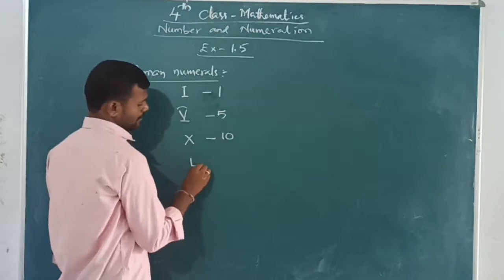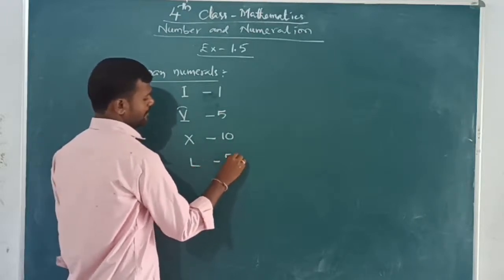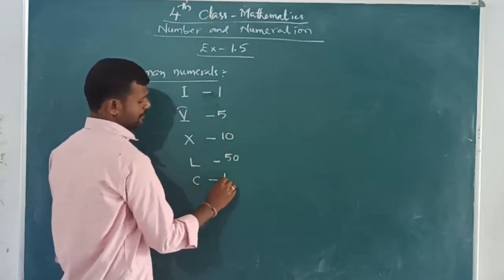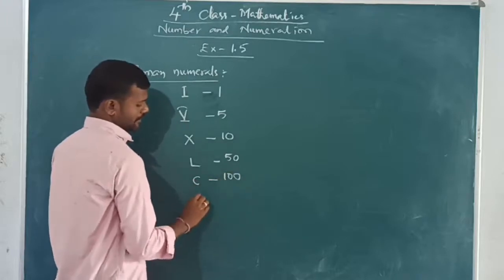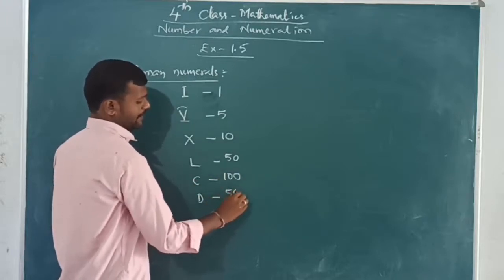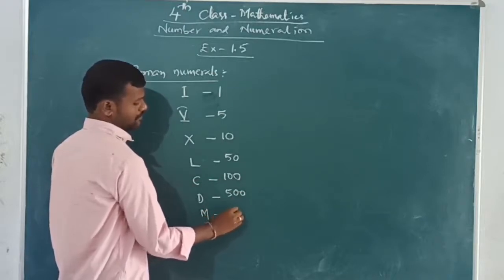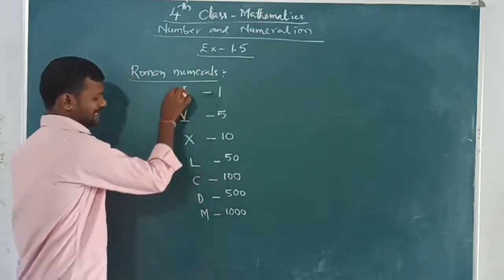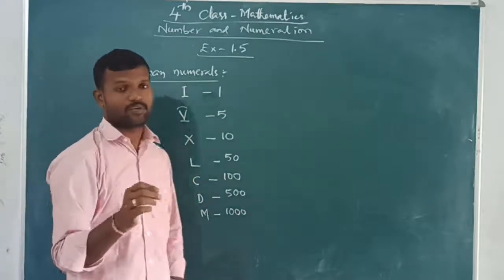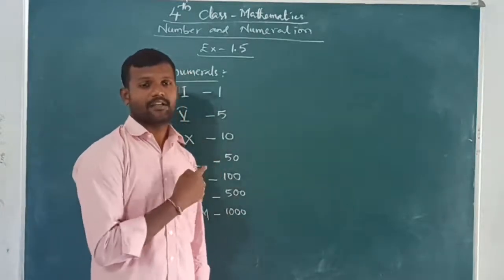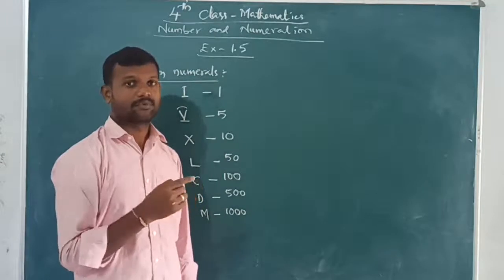L is 50, C is 100, D is 500, and M is 1000. So by these 7 symbols we can write the numbers in Roman letters up to 1000.